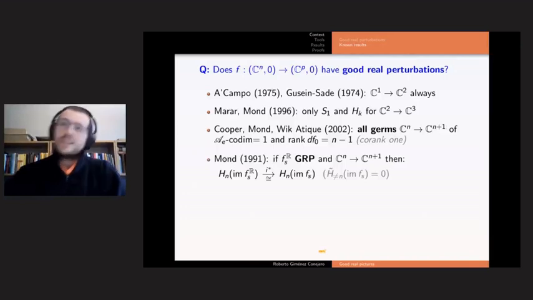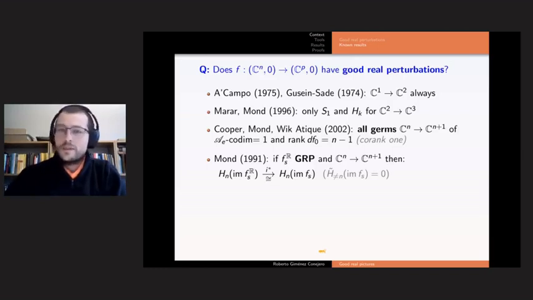Something else, Mond proved initially when all this started that if you have a good real perturbation, then the Betti numbers are the same, when the complex is not 0, etc., you go from Cn to Cn+1. In this case, the inclusion of the real inside the complex is an isomorphism in homology.